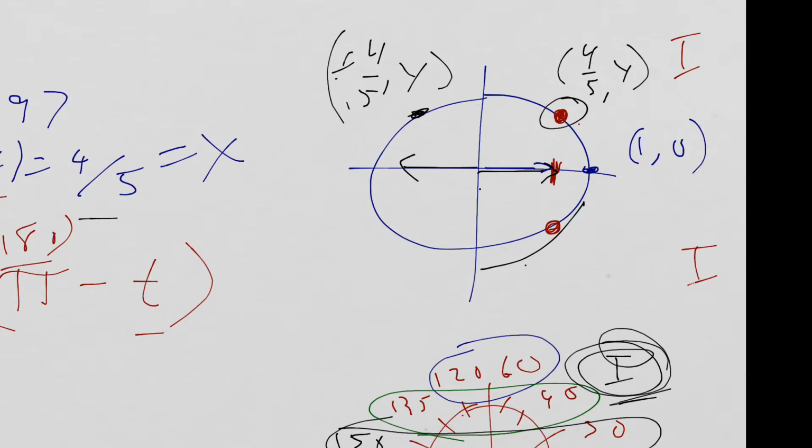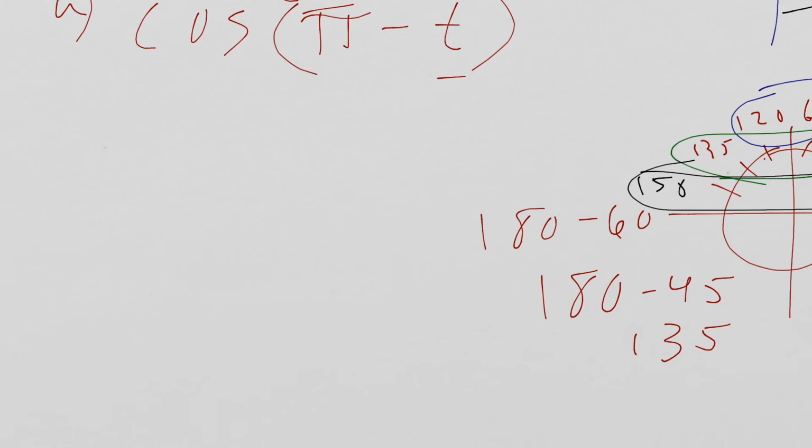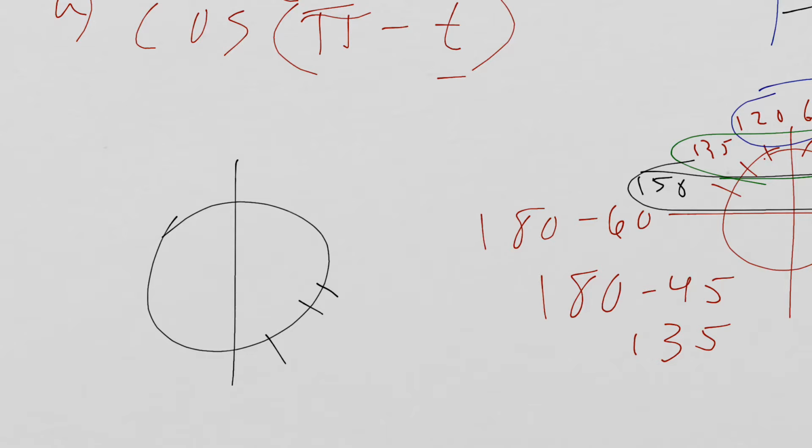What about in the fourth quadrant? Well, let's just pick again, just like we did down here, 3 easy angles in the fourth quadrant. Let's go with 330, 315, and 300. 180 minus 330 gives me negative 150.